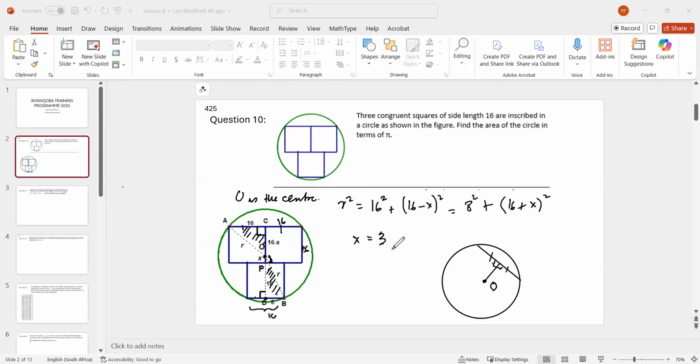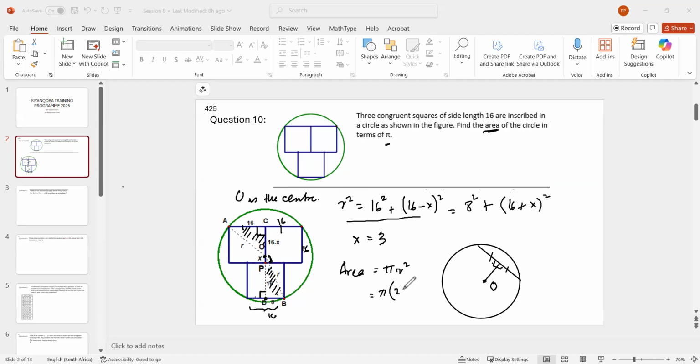Now, if x is equal to 3, then we need to work out the area of the circle in terms of pi. The area of a circle is pi r squared. Now we have r squared here, and we also know what x is. So I can substitute x into this equation here, because that's r squared.